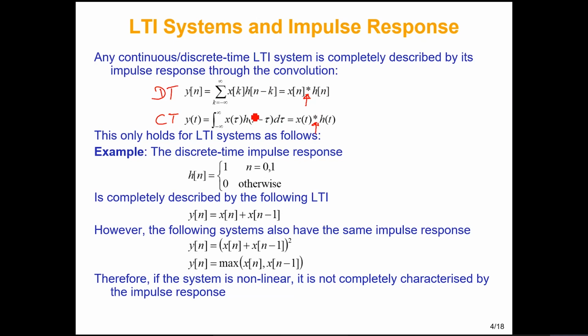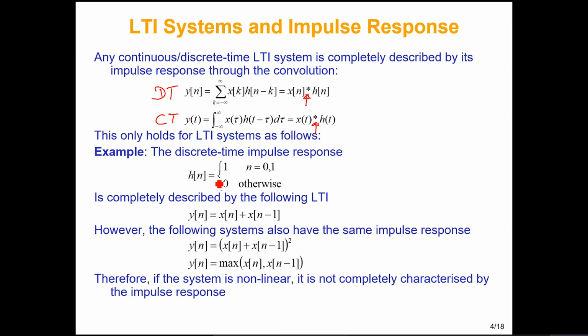We are going to continue from the same level and see how we can use this concept to find the output for any given system if we know the input and the impulse response.